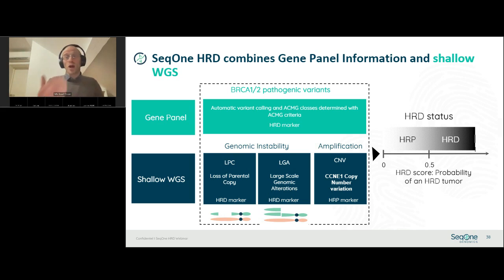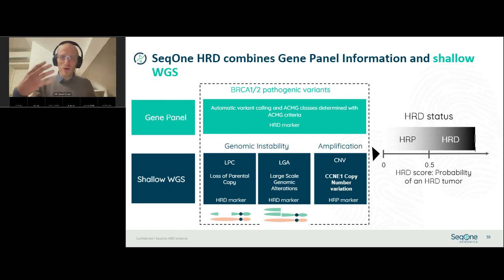Then we also count the number of large-scale genomic alterations. Here in the slide, there is an example of one alteration where the ploidy goes from 3 to 2. The higher the number of large-scale genomic alterations, the more likely it is that the tumor is considered HRD. And then we also look at another feature, which is the CCNE1 copy number variation.